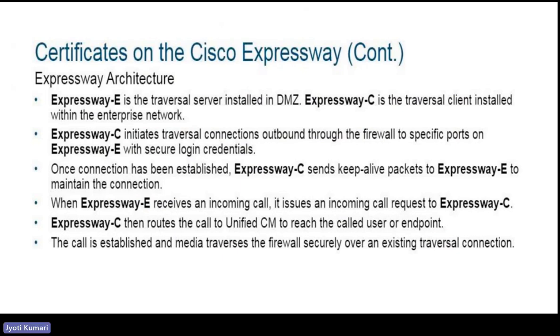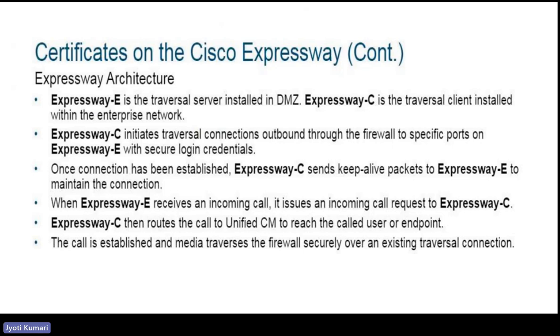Now in the Expressway architecture, we can see that Expressway E is a traversal server installed in the DMZ zone, and Expressway C is the traversal client. Expressway C initiates the traversal connections outbound through the firewall to the specific ports on Expressway E with secure login credentials. Once the connection has been established, Expressway C then sends keep alive messages.